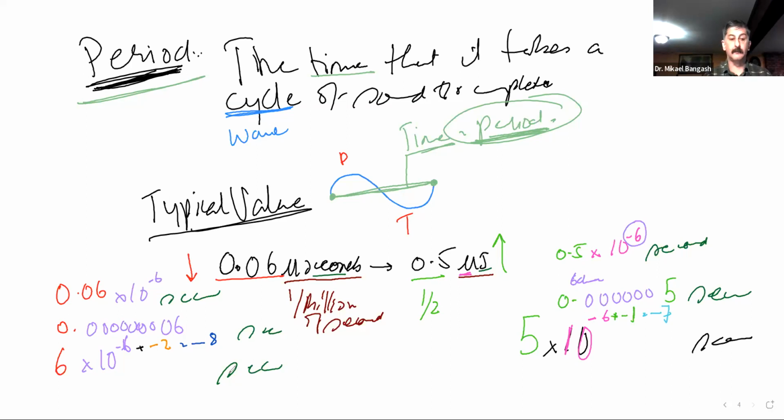Did you guys get that? Why did you add -2? Where does the -2 come from? Because we moved the decimal over two numbers, right?